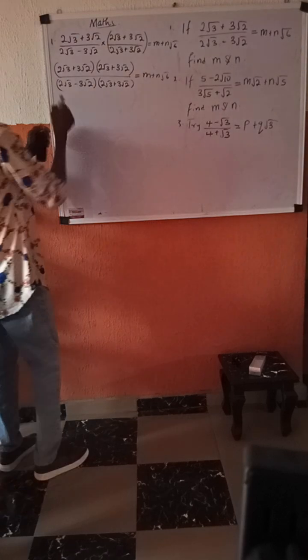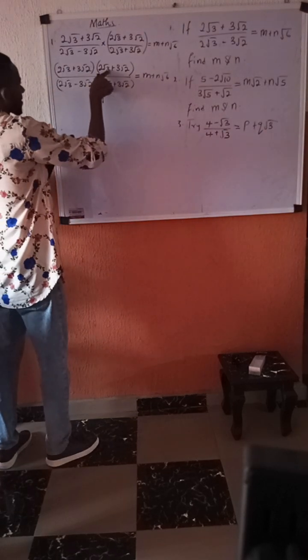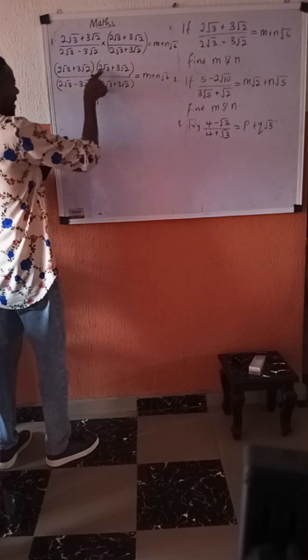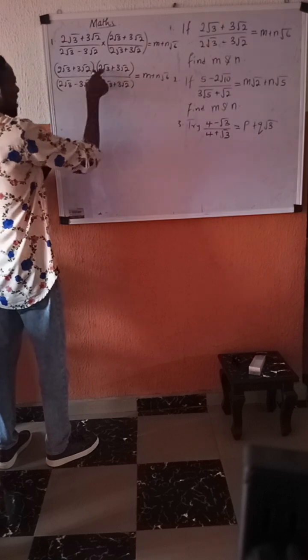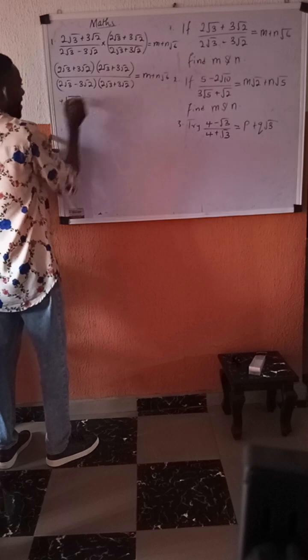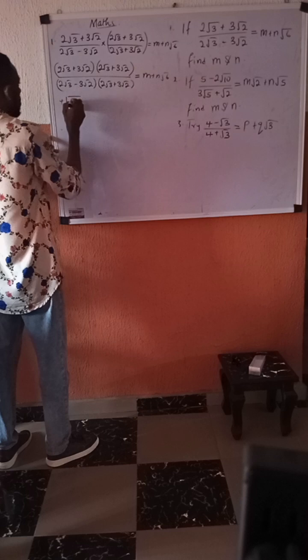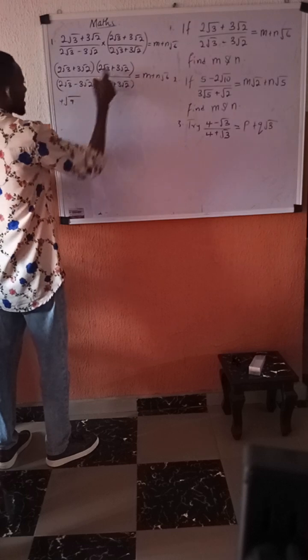So if I consider this 2 root 3 multiplying 2 root 3, the coefficient here is 2 and the coefficient here is 2, and 2 times 2 is 4. Then multiply by, here is 3 and here is 3. 3 times 3 is 9.